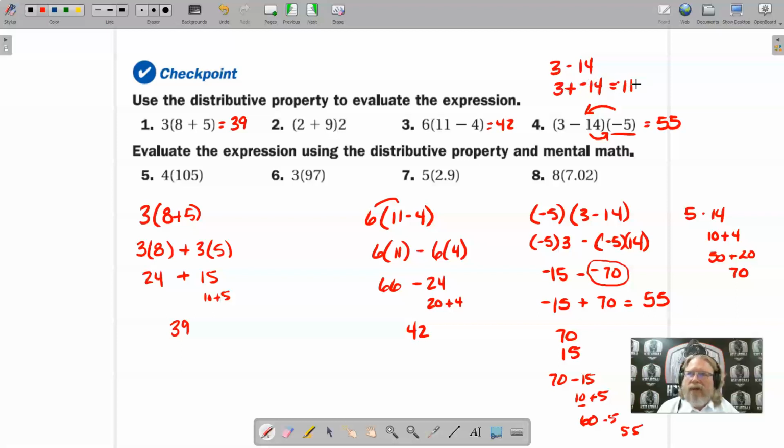So my answer is going to be negative. So I would end up with, let's go ahead and erase this so I can fit that in, what's inside the parentheses would be negative 11, right? And then negative 11 times negative 5, because I'm multiplying what's inside the parentheses. So negative times negative is positive. That works out. And 11 times 5 is 55. So positive 55 would be correct.